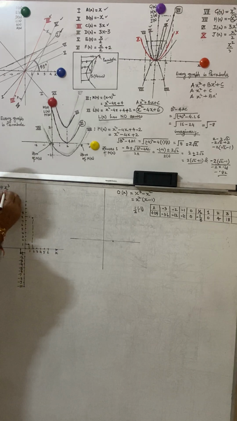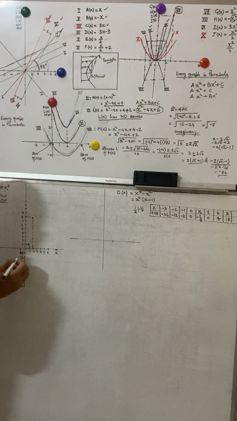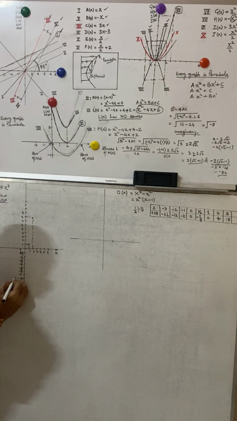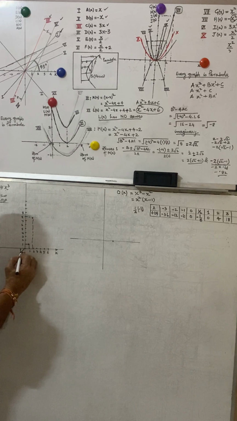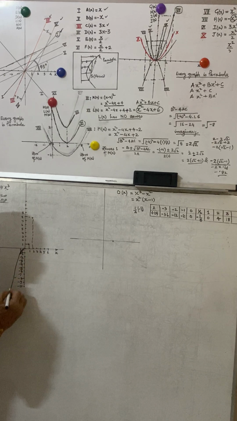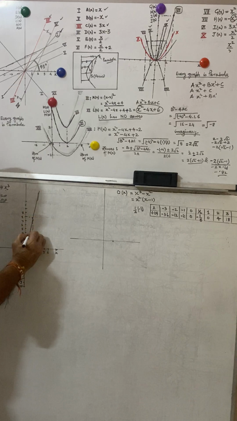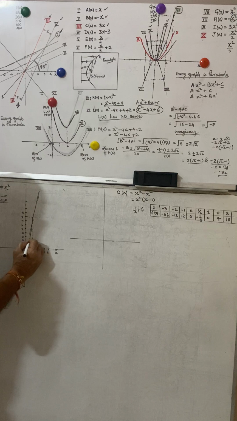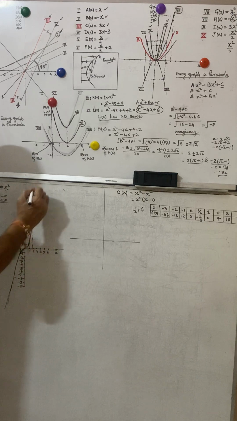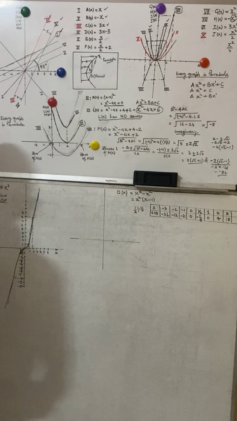When x is minus 2, the value will be minus 2 cube, that is minus 8, this point. So it will be like this, not a straight line. This is p(x) is equal to x cube.